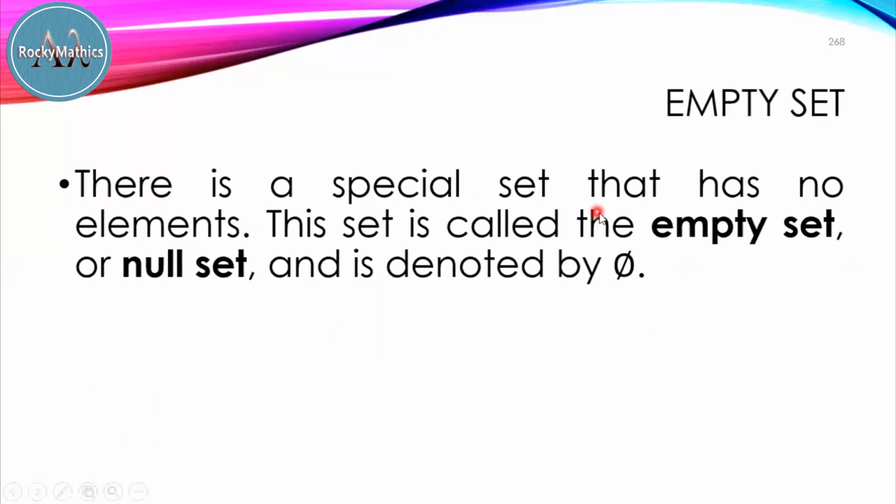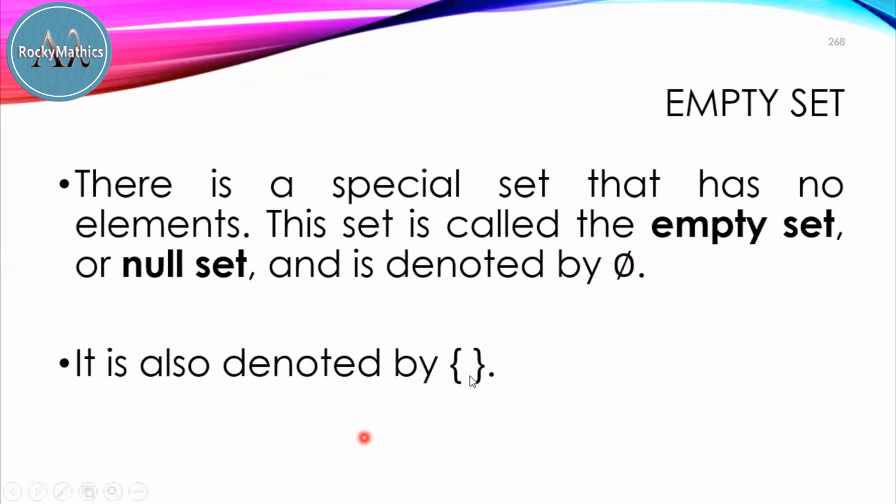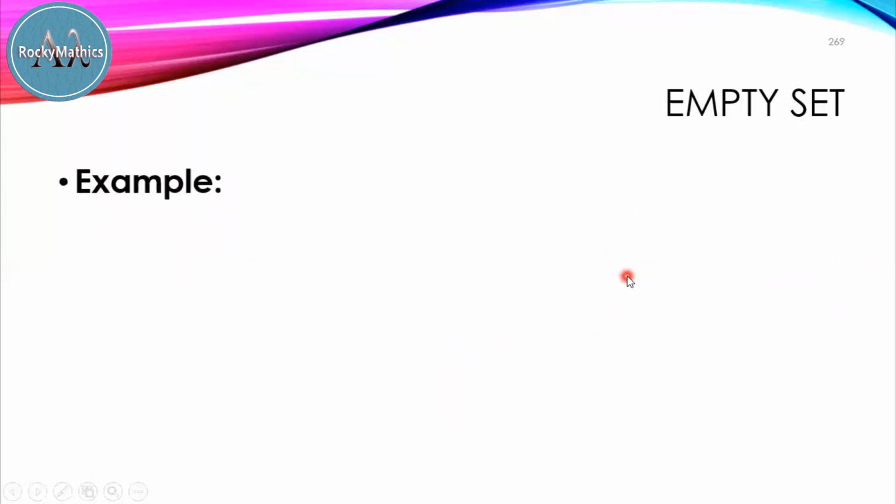Another type of set is the empty set. Now there is a special set that has no elements. This is called the empty set or null set, and this is denoted by this notation or this notation. So if you encounter this notation, this is the notation for an empty set or null set.